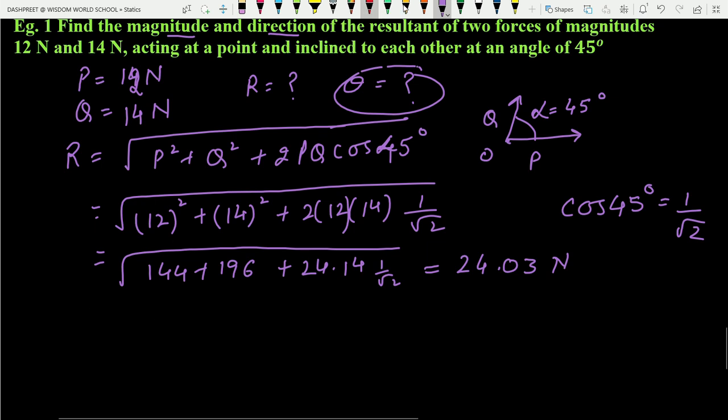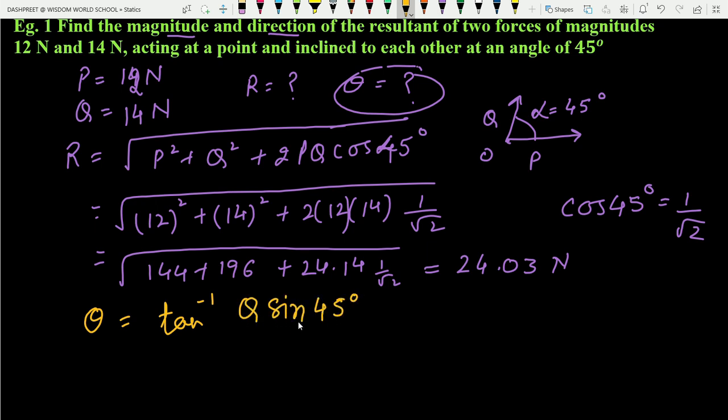So here theta is given by the formula tangent inverse of Q sin alpha divided by P plus Q cos alpha. Here alpha is 45 degrees, so Q sin 45 degrees divided by P plus Q cos 45 degrees. Now the value of sin 45 degrees is 1 by root 2.